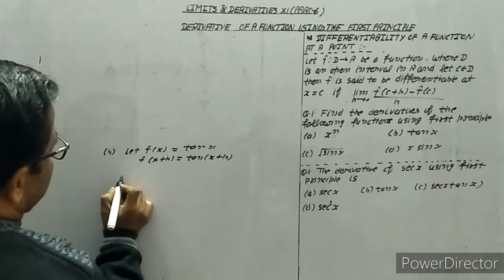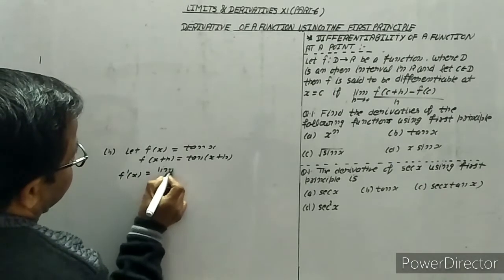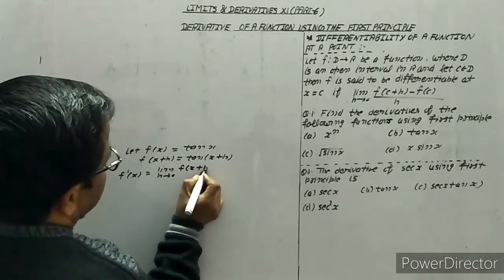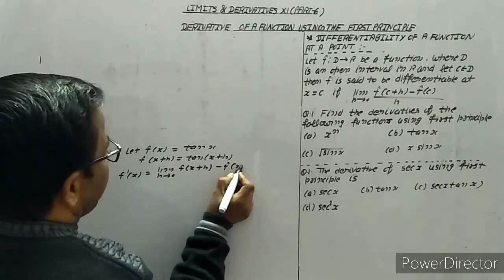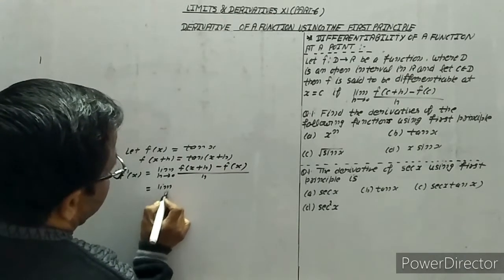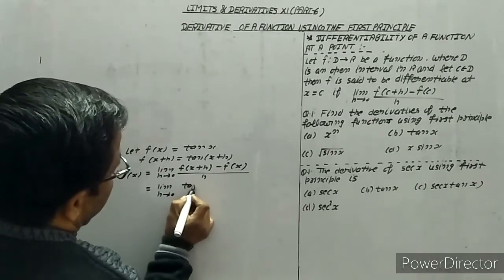Now, according to the first principle, f dash x equals limit h tends to 0 of f(x plus h) minus f(x) upon h. Now put the values. Once you put the values, this becomes limit h tends to 0 of tan(x plus h) minus tan x upon h.